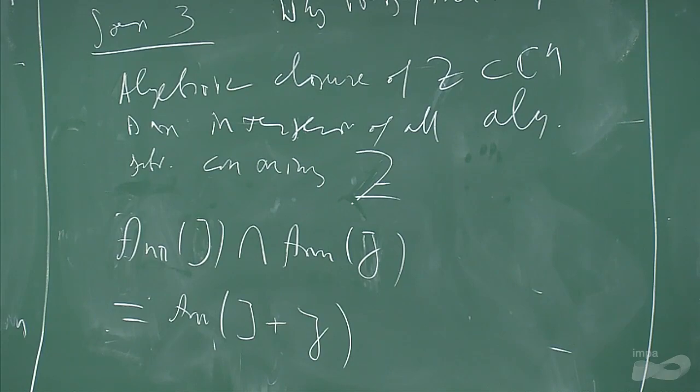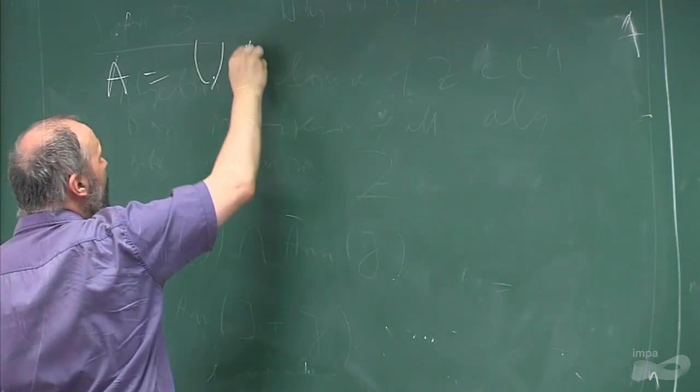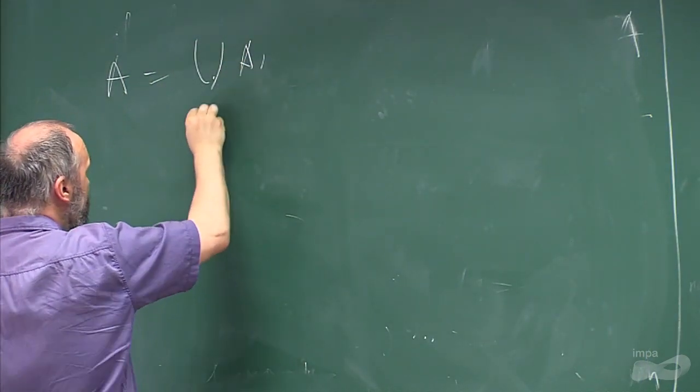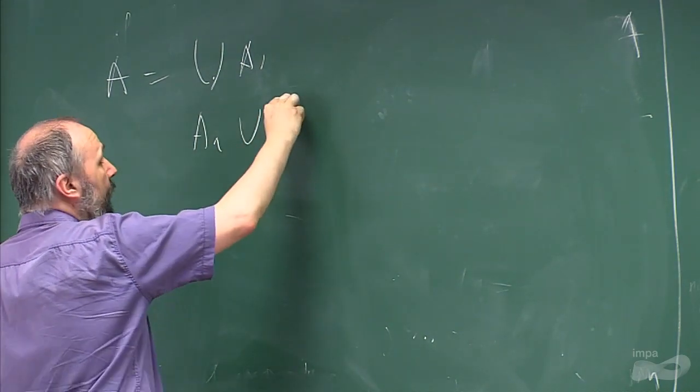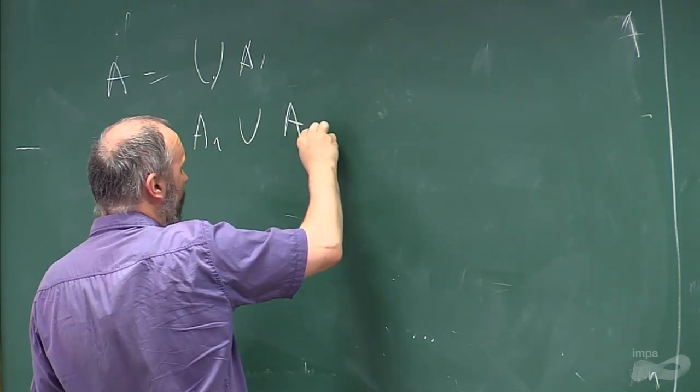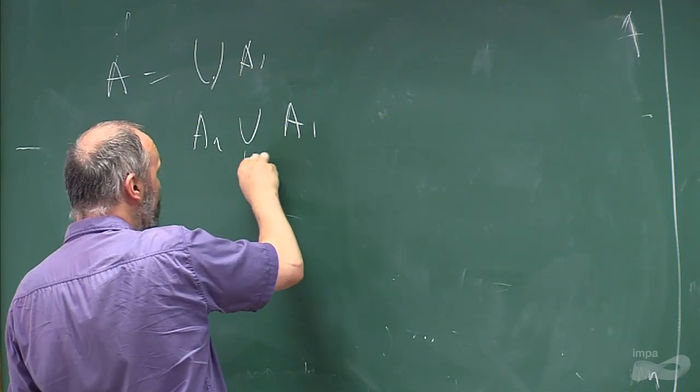Now we take A, the union of A_i. So, for instance, A1 union with the rest, A_i with i bigger than 1.